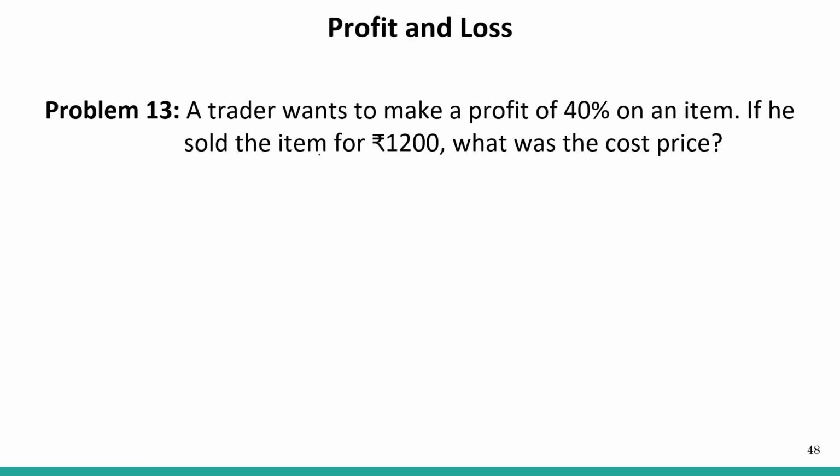Okay. So let's go forward with problem number 13. So a trader wants to make a profit of 40% on an item. So if he sold the item for 1200, then what is the cost price? Okay, trader wants to make a profit of 40%.